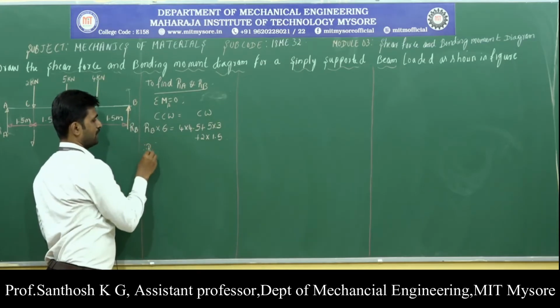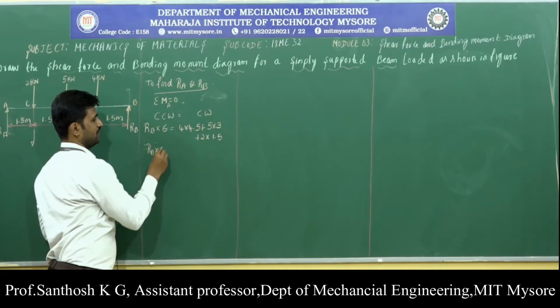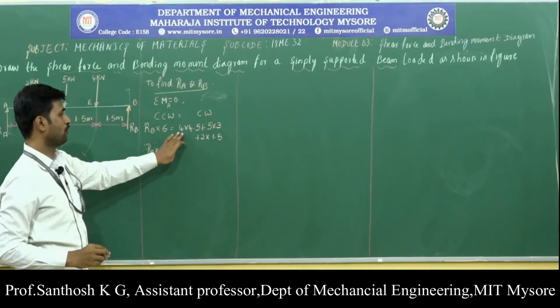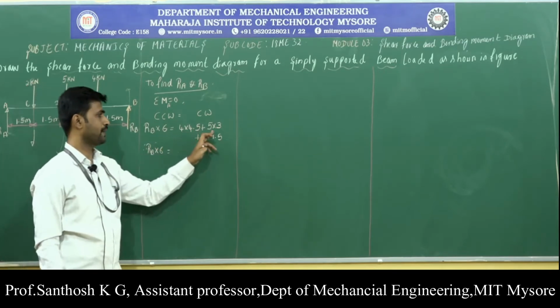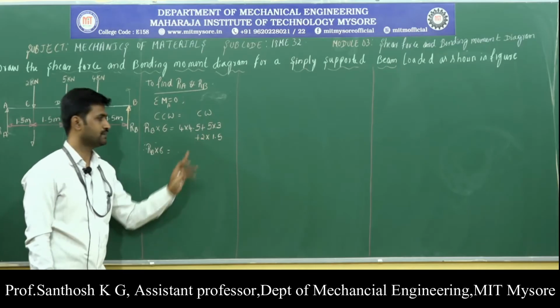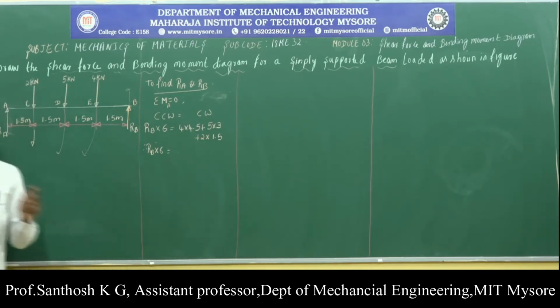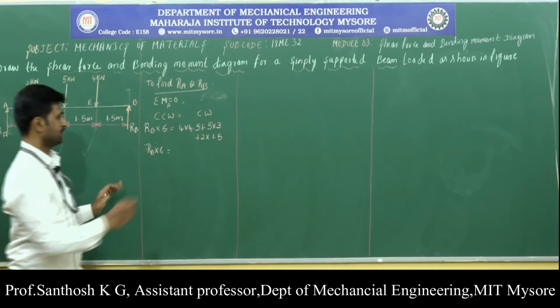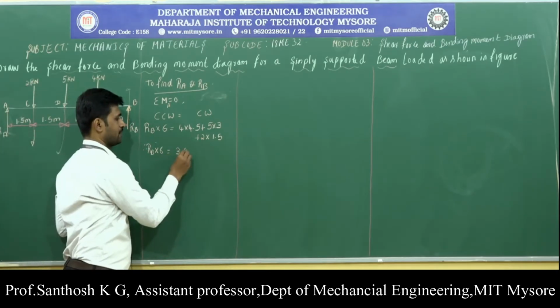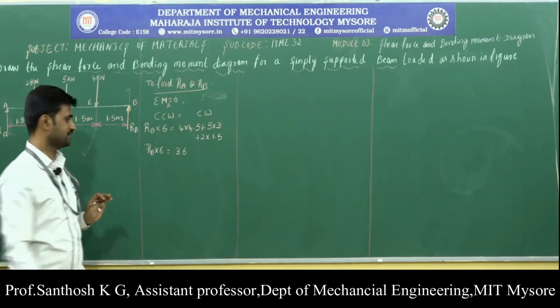Therefore, RB into 6 equals 4 into 4.5 plus 5 into 3 plus 2 into 1.5, and if you simplify this, you will get the right-hand side value as 36.